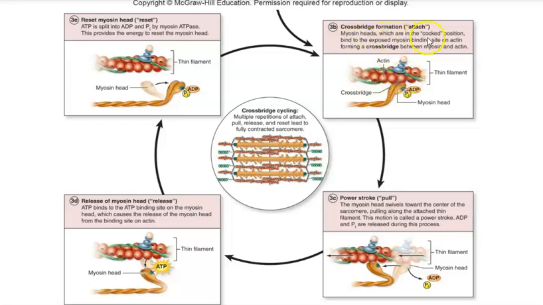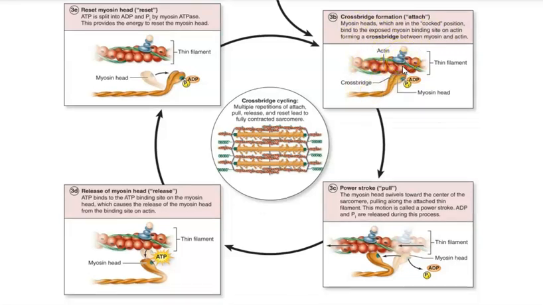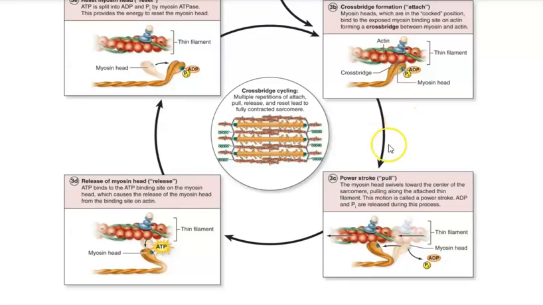Myosin heads, which are in the cocked position, are going to bind to the exposed myosin binding site on actin then, and form the cross bridge between myosin and actin. Then you're going to have the power stroke, where the myosin head swivels toward the center of the sarcomere, pulling the attached thin filament along with it.